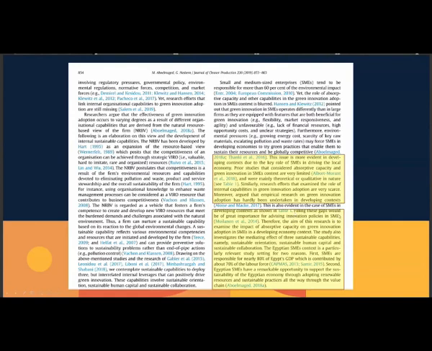Why they are filling the gaps is very important. They mentioned that filling these gaps would be of great importance for advising innovation policies in SMEs, meaning that Molina 2014 has suggested this for future research.